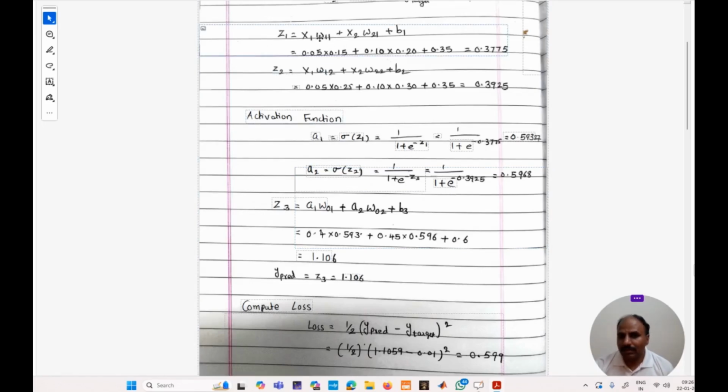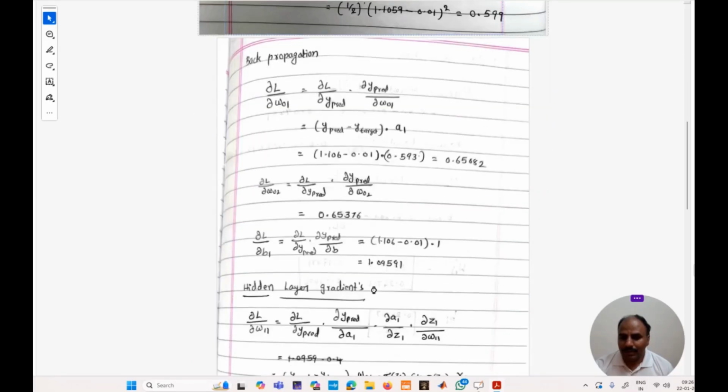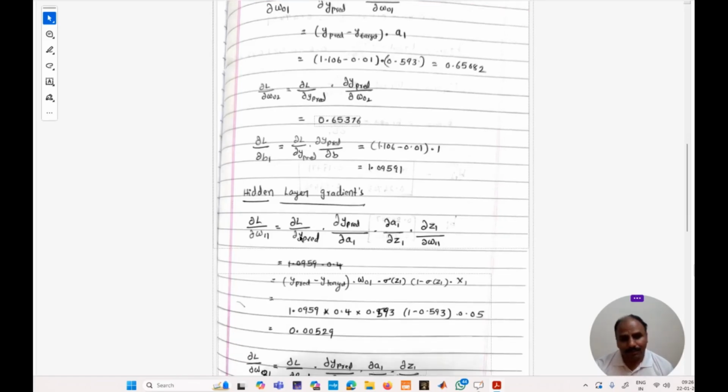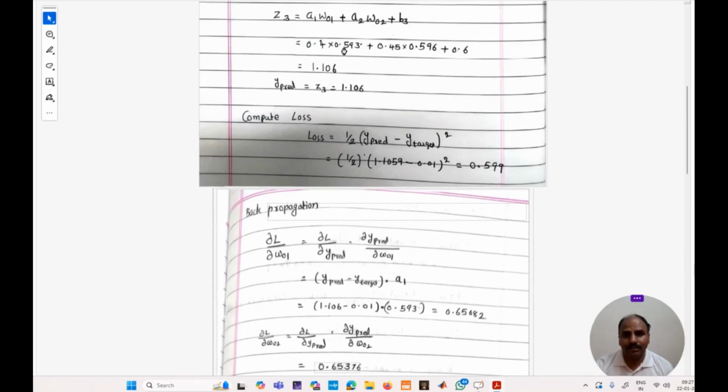So it is ∂L/∂Y prediction, ∂Y prediction/∂A1, ∂A1/∂Z1, ∂Z1/∂W11. All of these cancel, and the right-hand side equals the left-hand side. ∂L/∂Y prediction we already know. ∂Y prediction by ∂A1, as I already told you, when differentiated with A1 you will get W01.